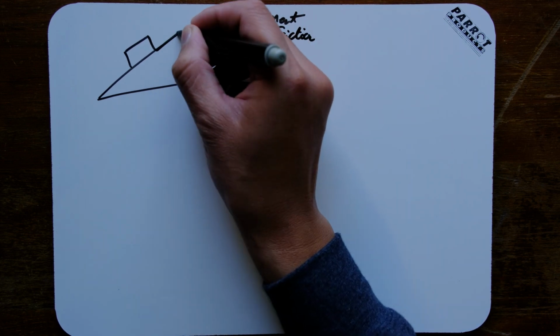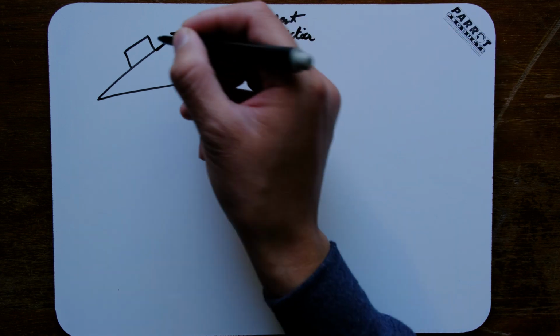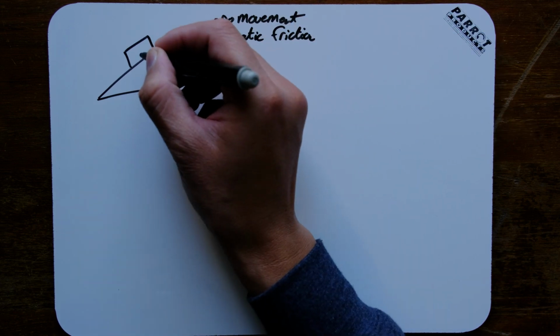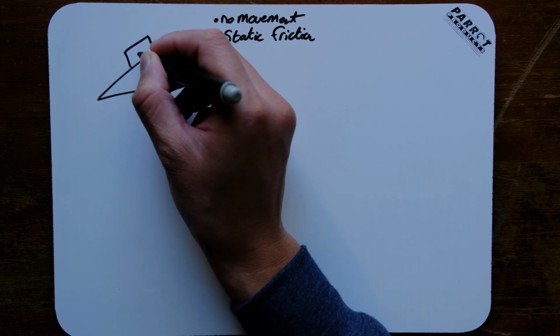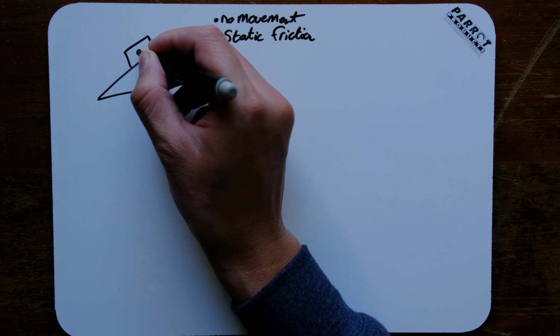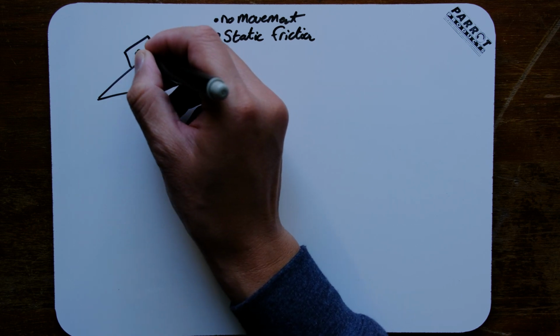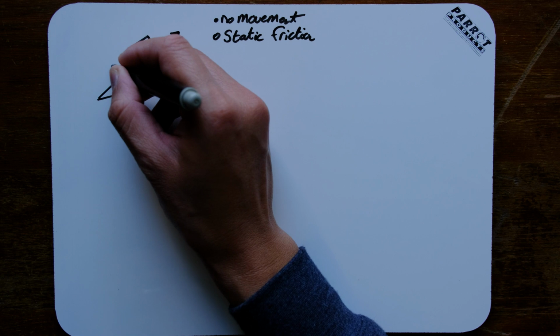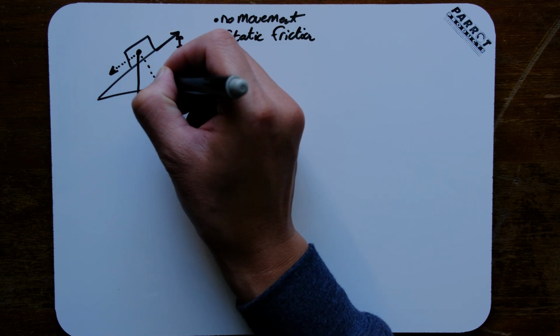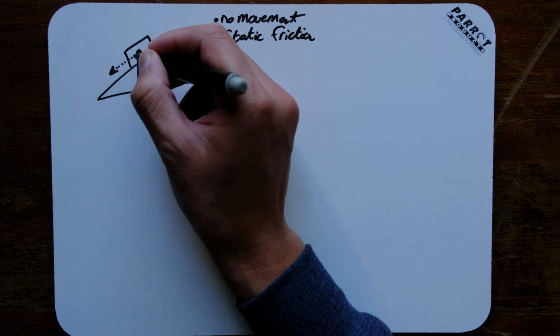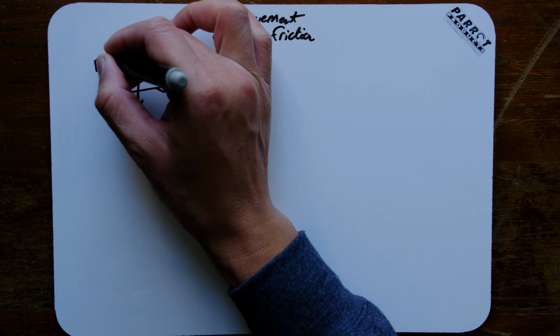So static friction will be moving up the slope, and what is making this move down the slope would be gravity, and therefore its perpendicular and its parallel component.